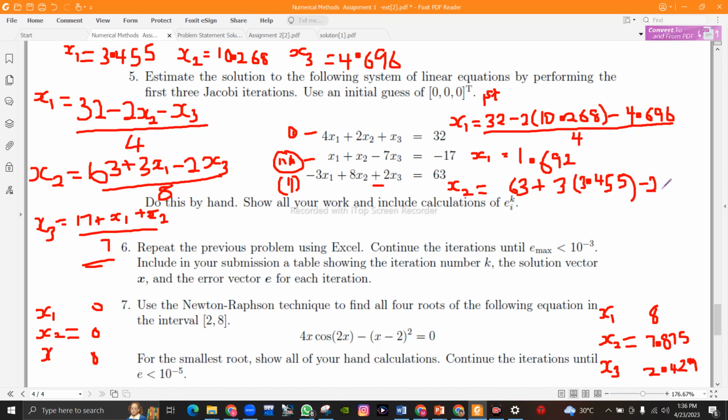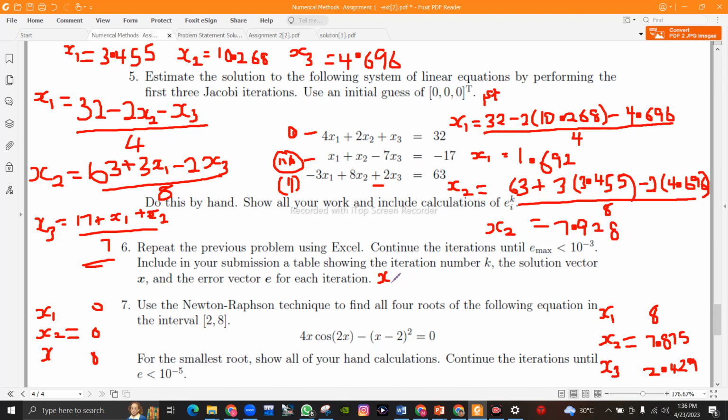What's our x3? 4.696, divided by 8. So that means our x2, if we divide that, we get 7.928. So we can get our x3 too using the same procedure.